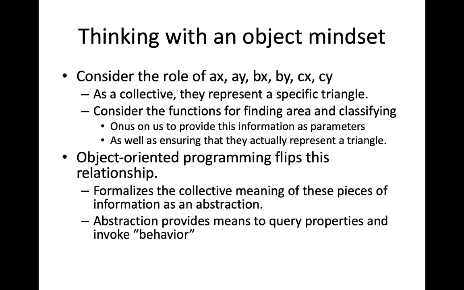So object-oriented programming flips the relationship around. It basically says, it's not that the programmer has to know what information to pass the function in order to get back the right answer. Instead, we take the information and glue it together into a structure, and then we define the manipulations and the behavior of that structure as part of that structure.